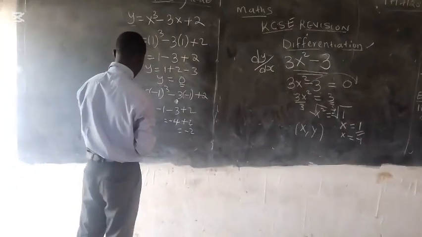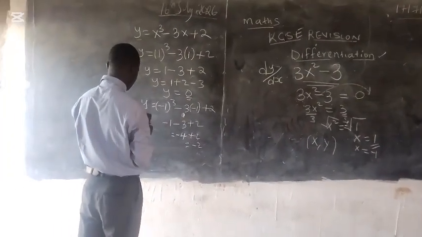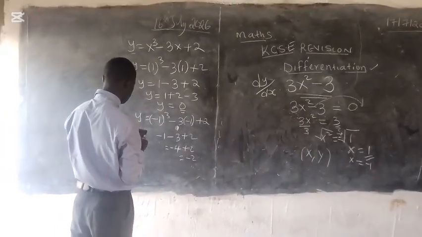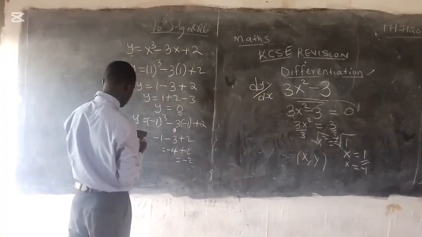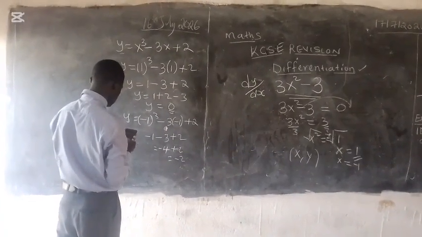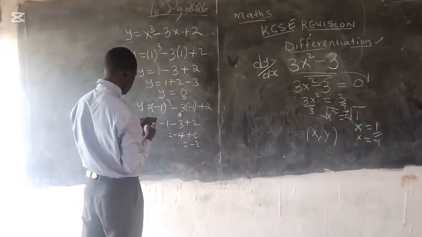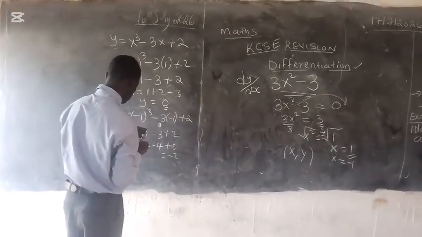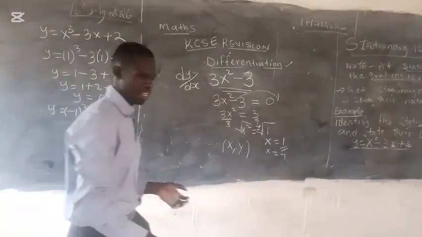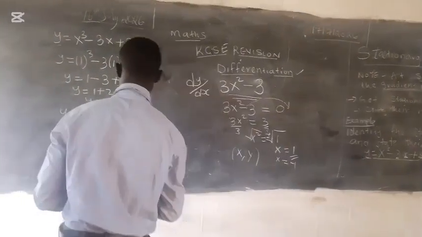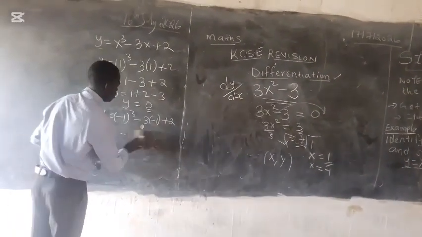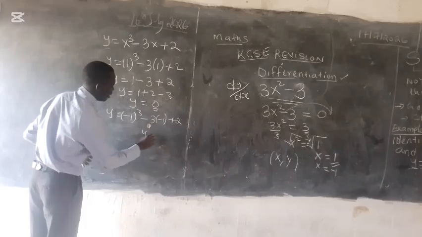Very, very important. Let us do a proof, because in maths we don't assume, we work with accuracy. So students, this is giving us the value of y as 4.